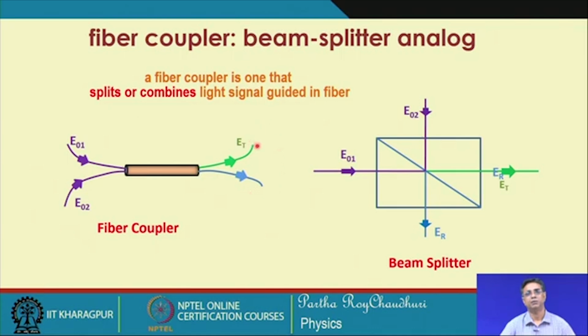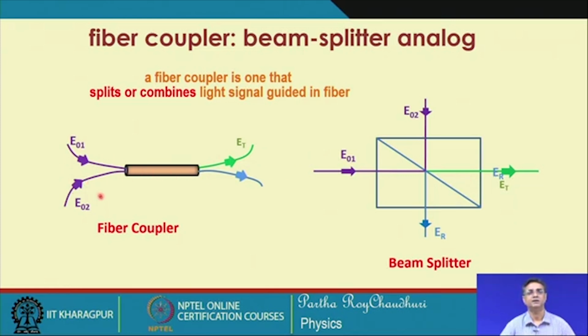This will be the coupled port, as long as this is treated as the input port. The other way around, if this is the input port, then the port constituted of the same fiber will be the transmitted or throughput port, and this will be the coupled port.